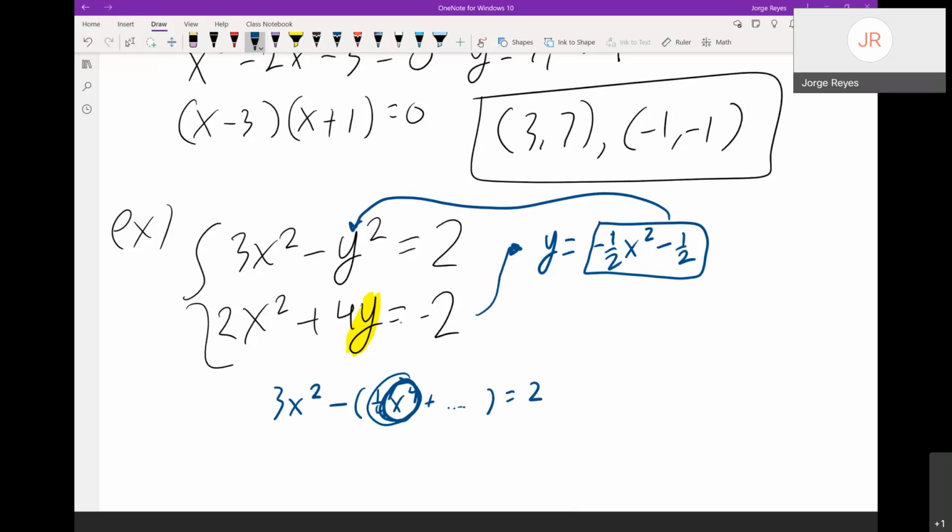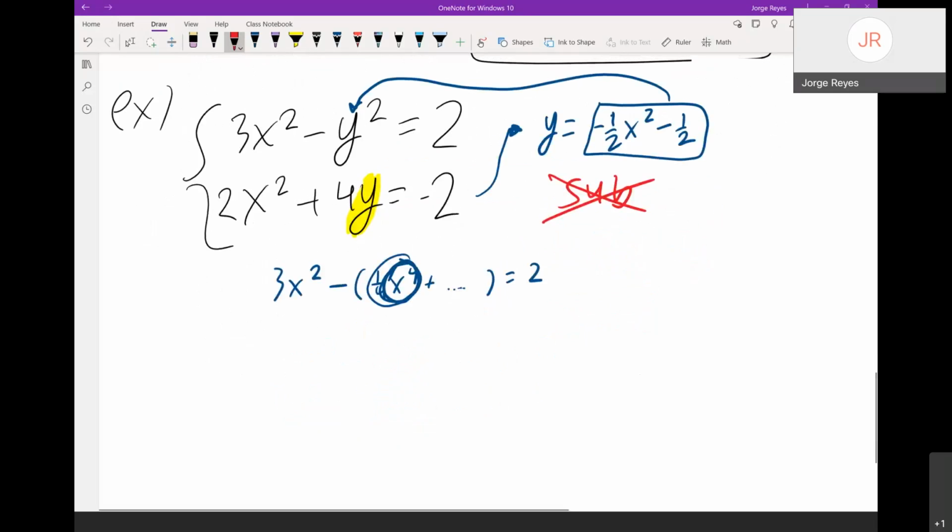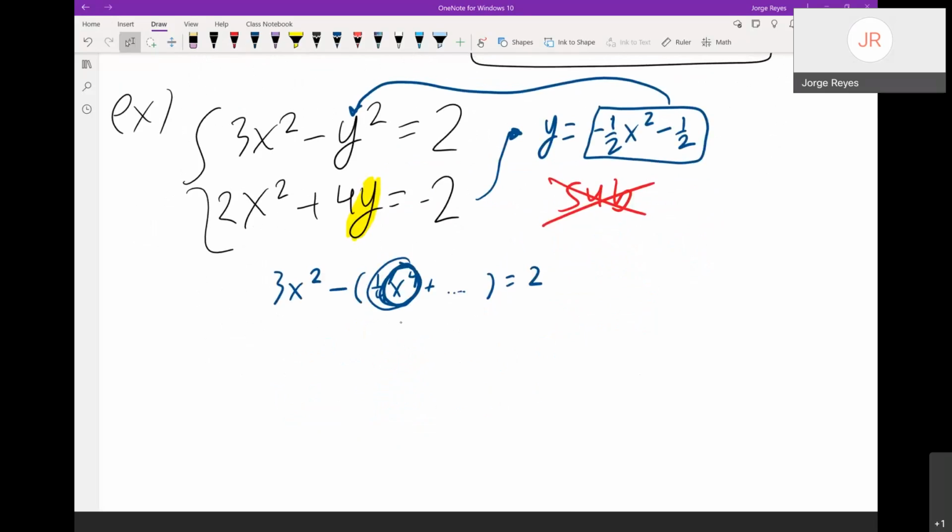So this is an example of when substitution is probably not the best idea. You should use elimination here, at least first. So I'm going to use elimination first, and that means I'm going to do row 1 times 2 and row 2 times 3.